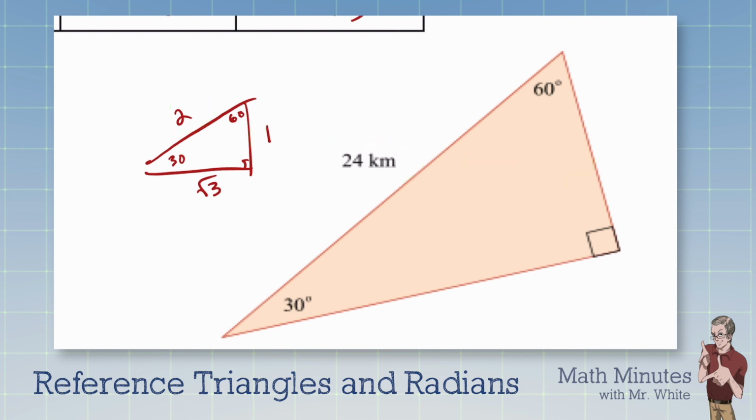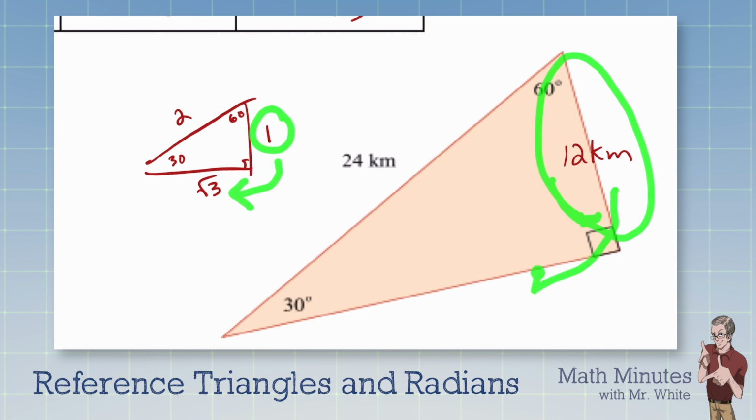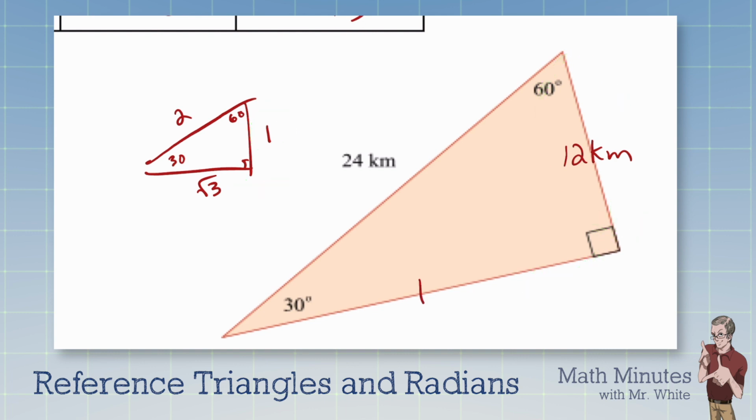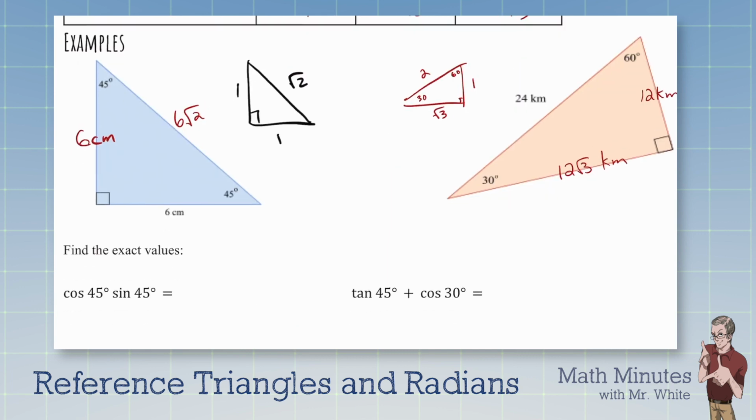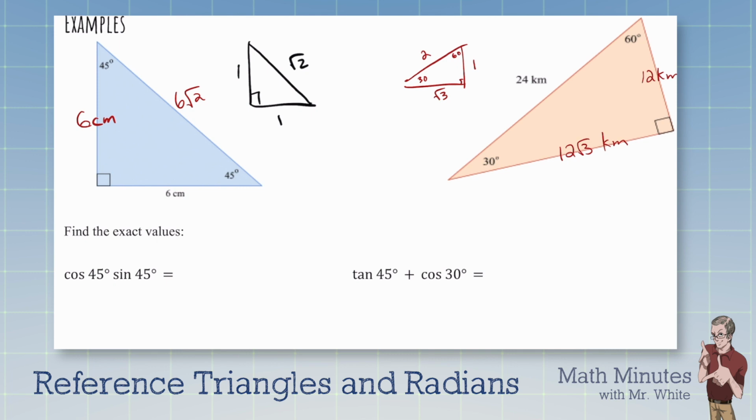You cut it in half. Very good. So 12 kilometers. Now that you have this foundational or unit side, the side that's 1, now you can go over here to the radical 3 side and simply write 12 radical 3 kilometers.